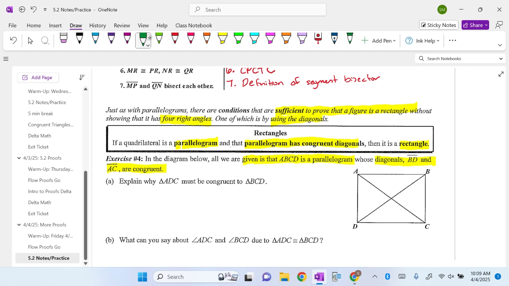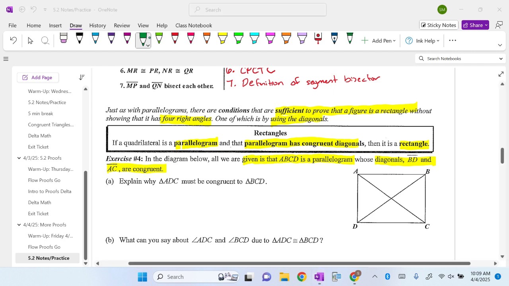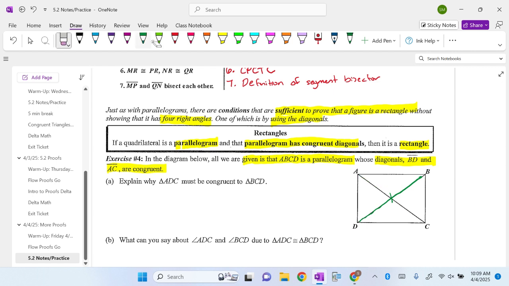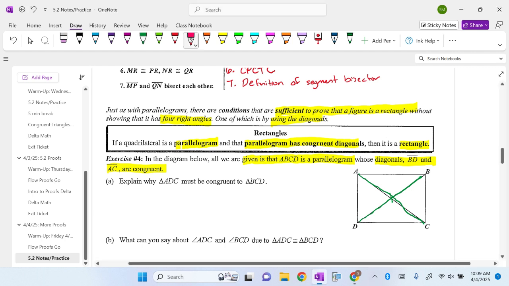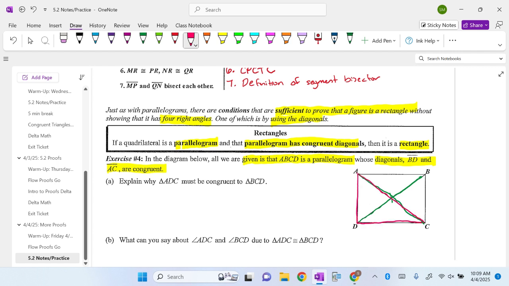So in other words, BD, this whole diagonal, is congruent to AC. Why is triangle ADC, this big triangle right here, congruent to triangle BCD, this triangle right here?